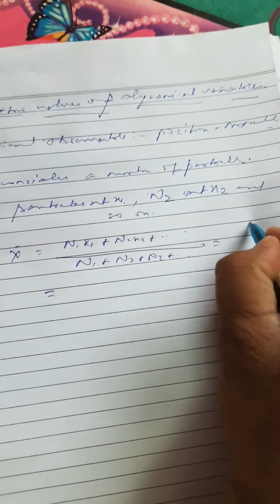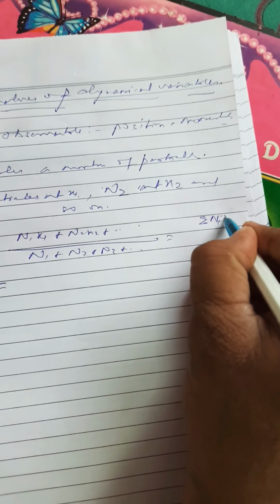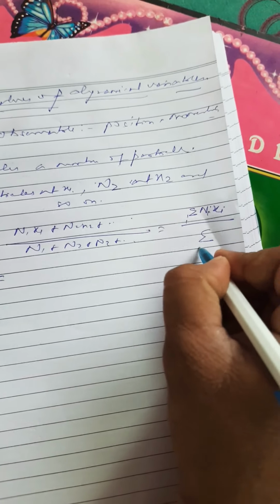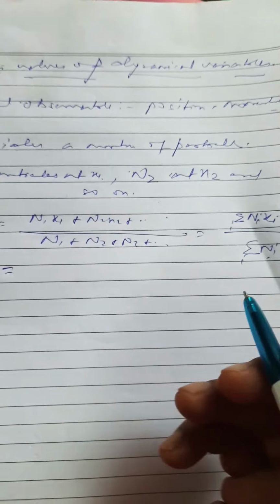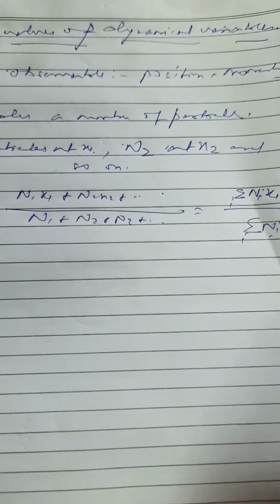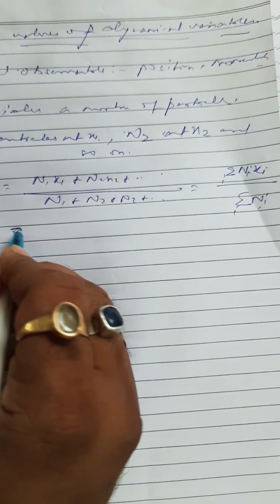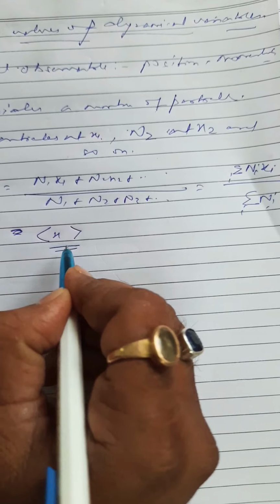So this could be written in summation form, summation of n subscript i x subscript i divided by summation of n subscript i. So in quantum mechanics, where the behavior of a single particle is involved, we calculate the expectation value, which is denoted like this, of the position.